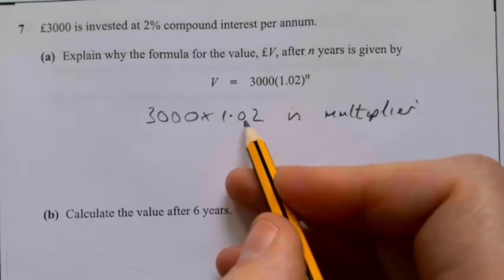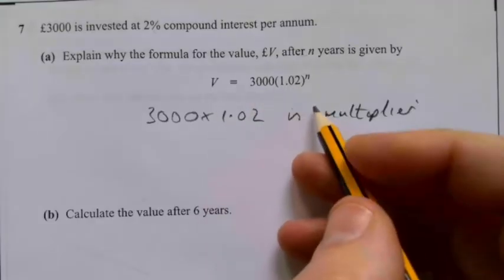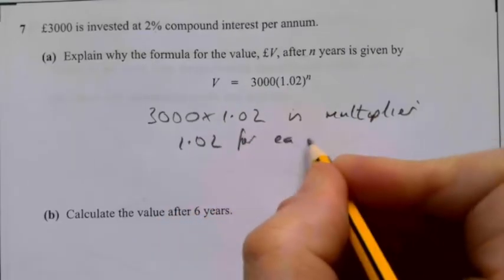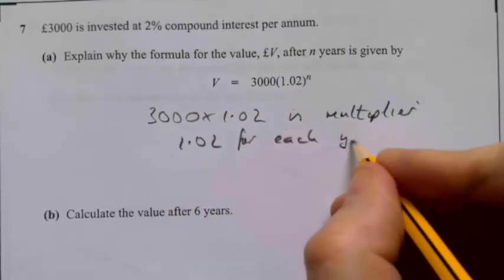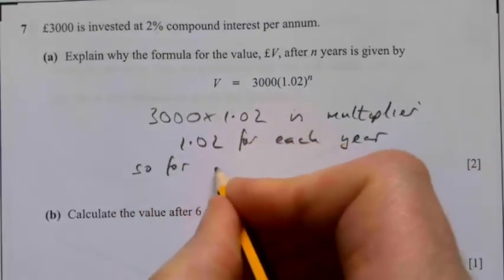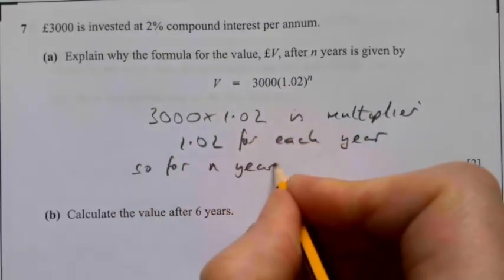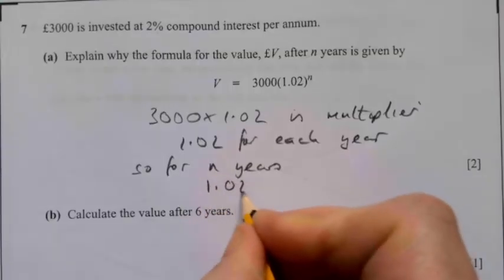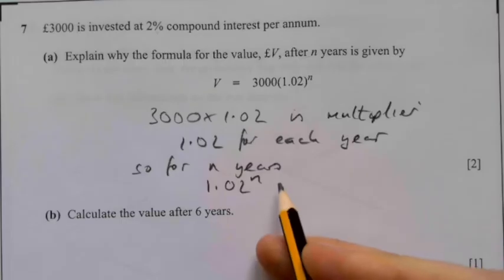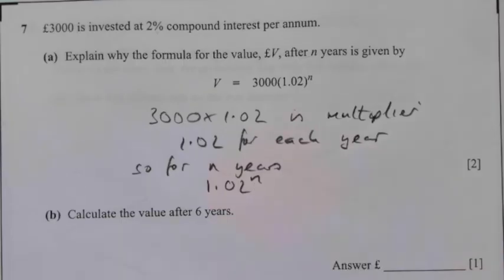And how do you get it then after the next year? You times by 1.02. And so it's 1.02 for each year. So for n years, it would be 1.02 to the power of n, because that's 1.02 times 1.02 times 1.02 times 1.02.